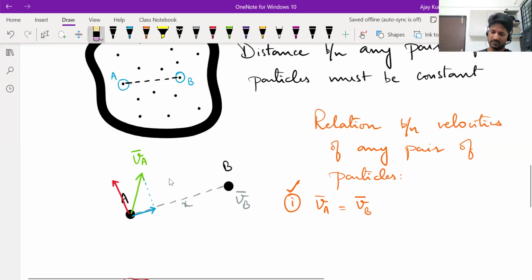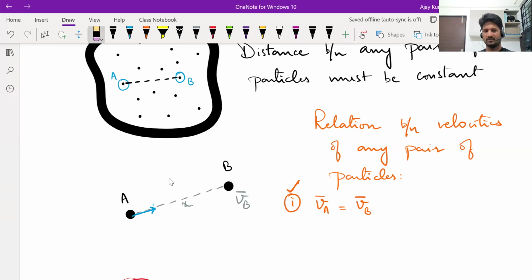Rishi, you only tell me, suppose you are shown only that blue velocity component. With that blue velocity, will A not go closer to B? Will it go or not? Yes, sir.